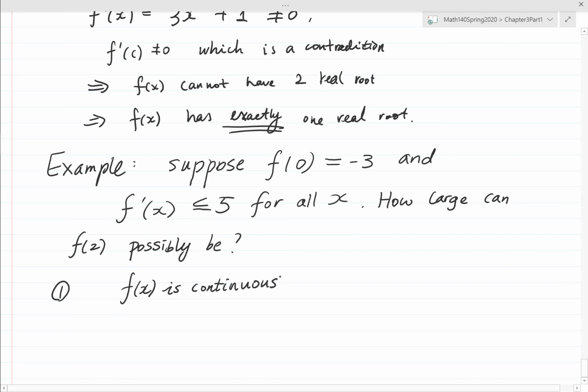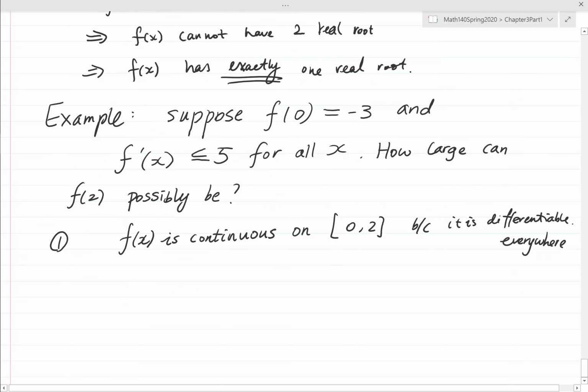It's differentiable everywhere, so in particular, it's continuous on the closed interval 0 to 2.